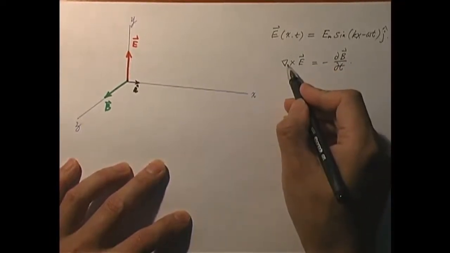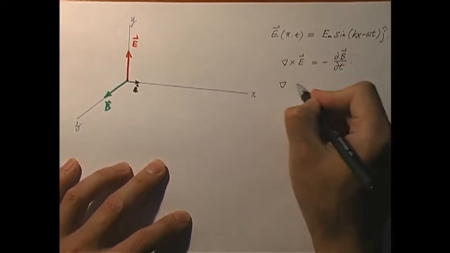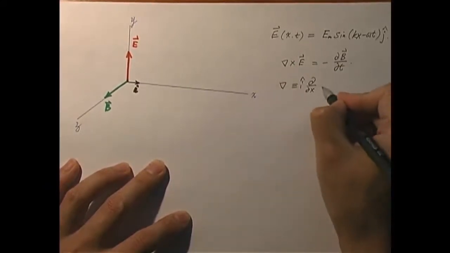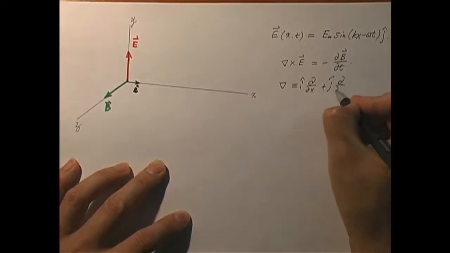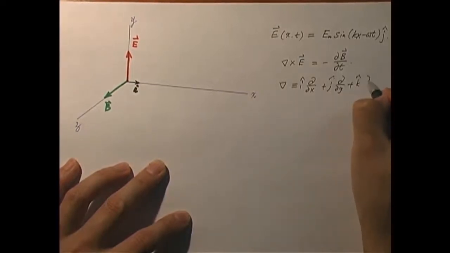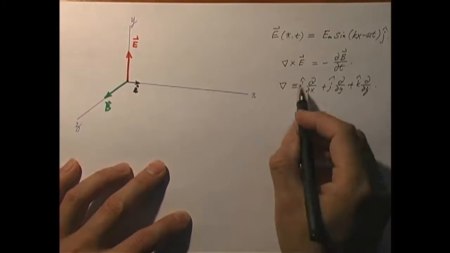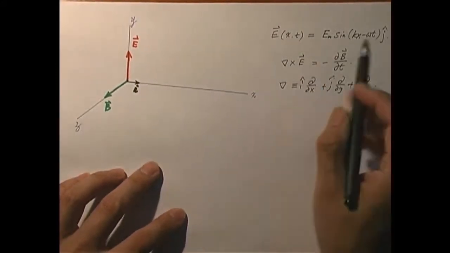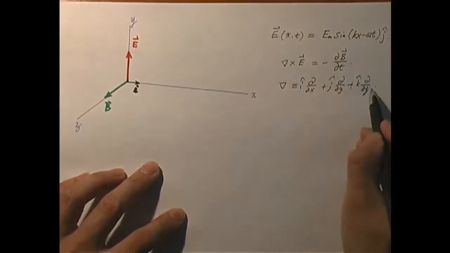This gradient operator, as you know, is i partial x plus j partial y, plus k partial z. When you operate this on the electric field, remember the electric field depends only on x. It's not a function of y and z. Therefore, I don't have to worry about partial y and partial z.